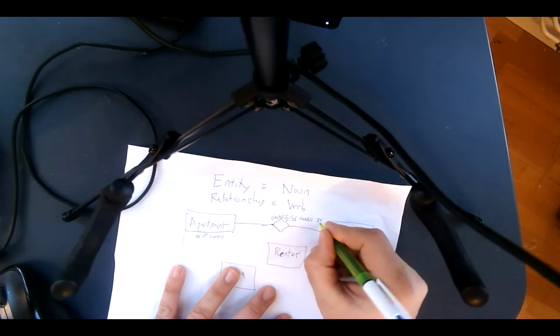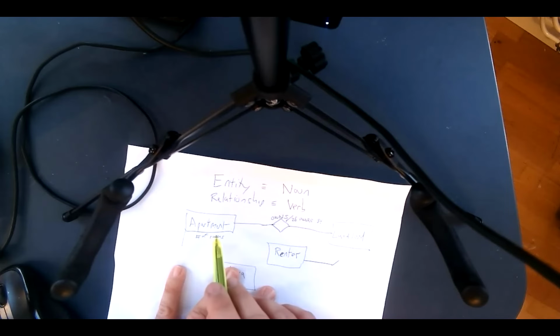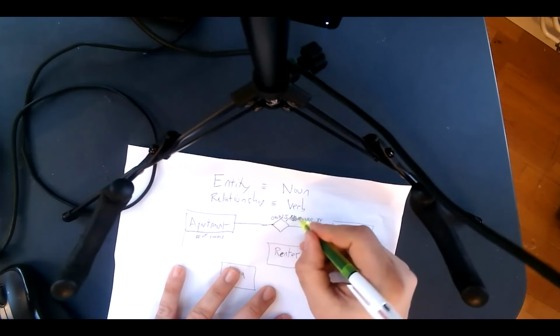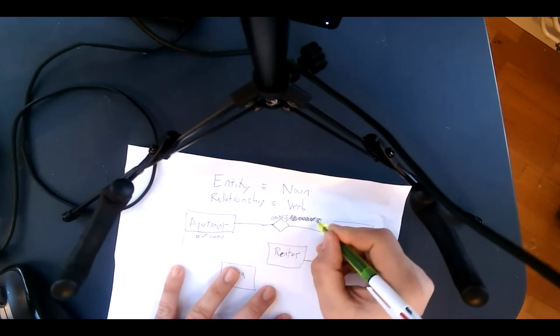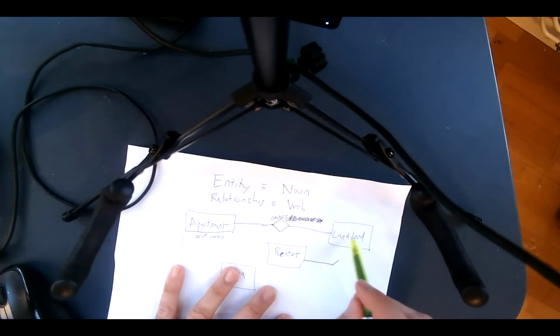So an apartment is owned by a landlord, and a landlord owns an apartment. But at this point we'll just leave that off. That's a more lexical issue. But we say, okay, landlord owns an apartment. That seems reasonable.